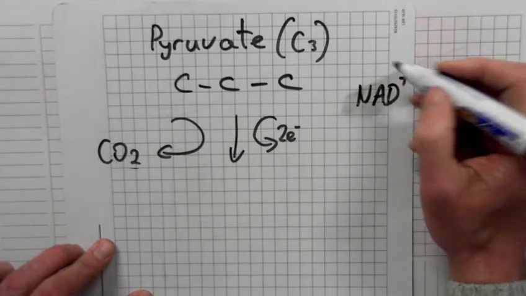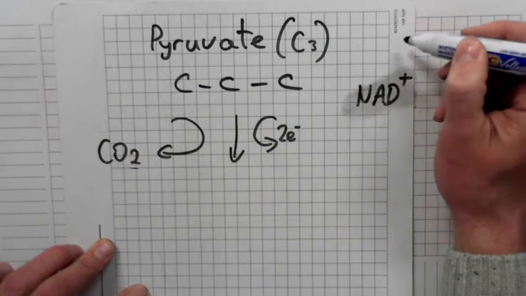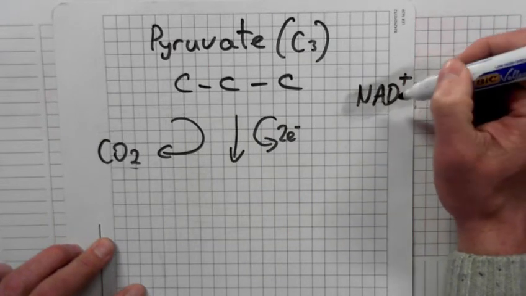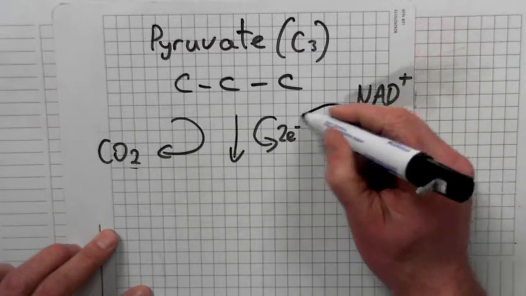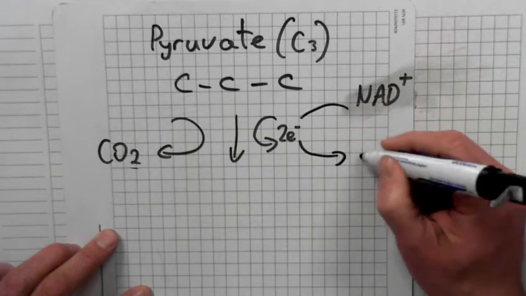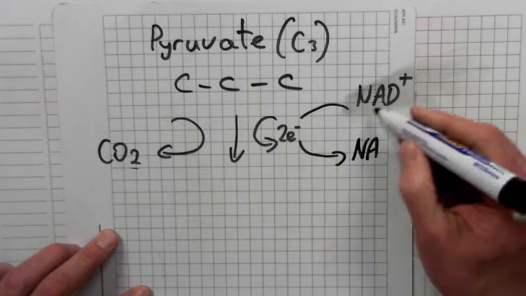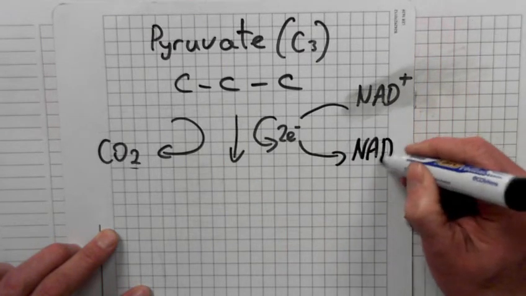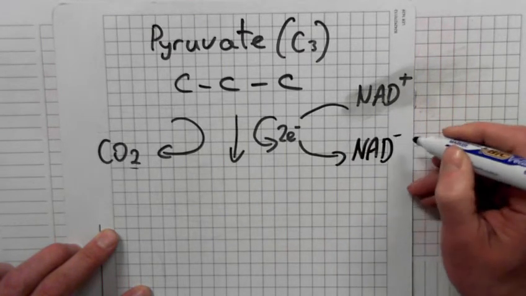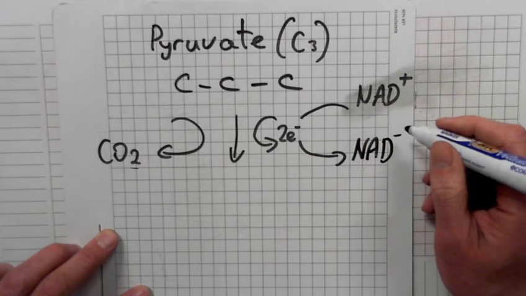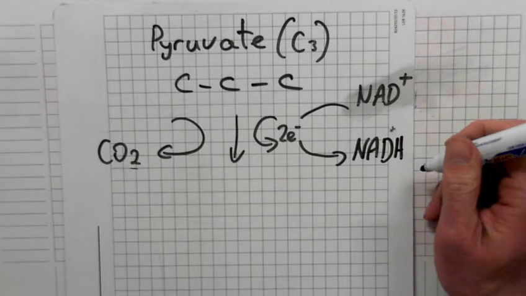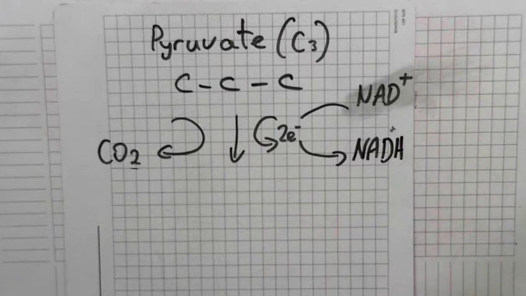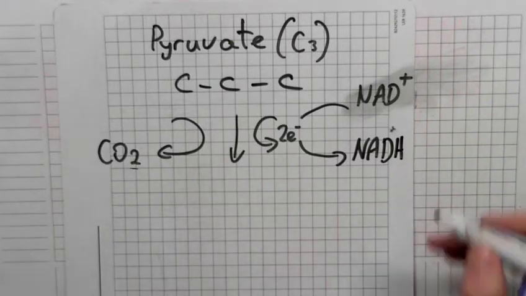That's a low energy carrier, and NAD plus picks up the 2 electrons to form NAD minus, and then it picks up a hydrogen to form NADH. And that NADH travels off to the electron transport system.